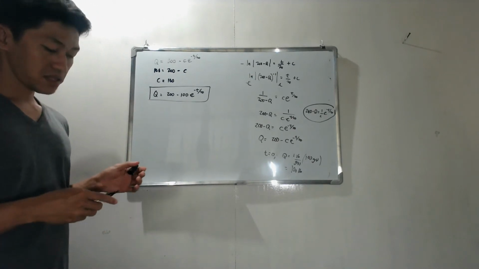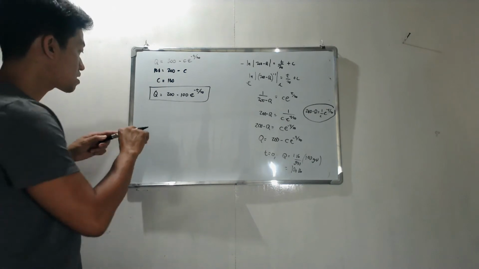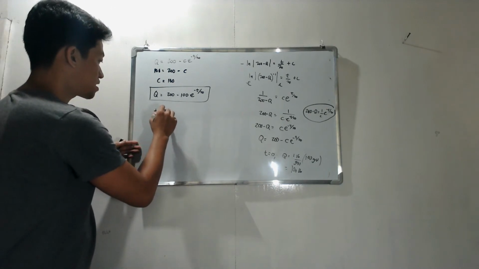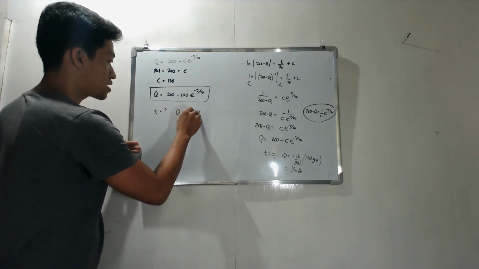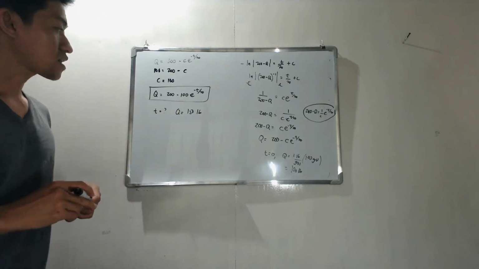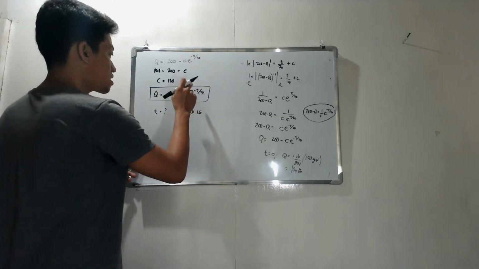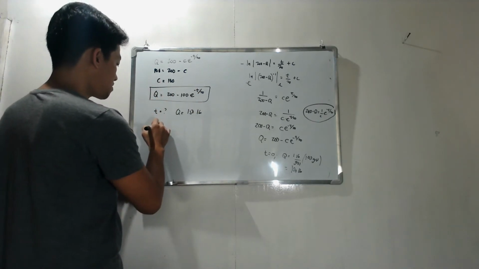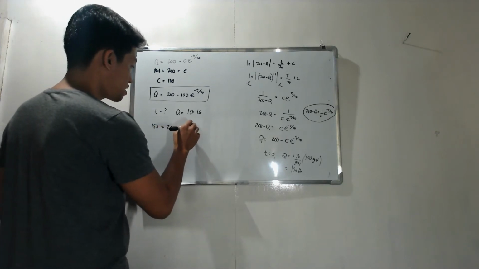How about the time where Q would be 150 pounds? It's just simple, just substitute it here. You have 150 equals 200 minus 100 e to the negative t over 20.